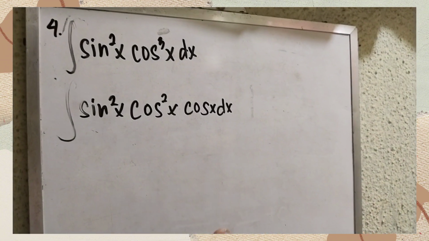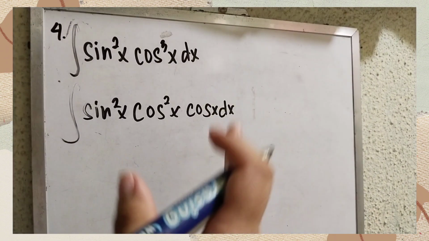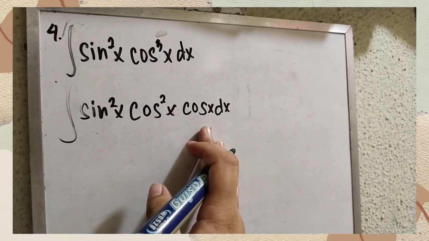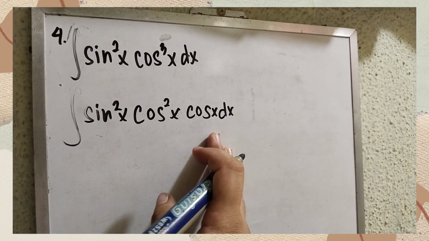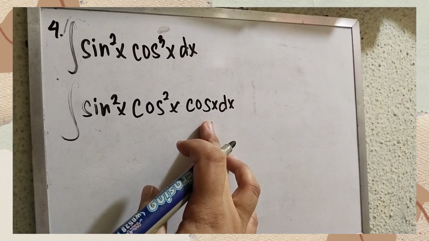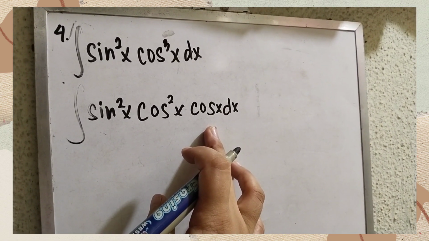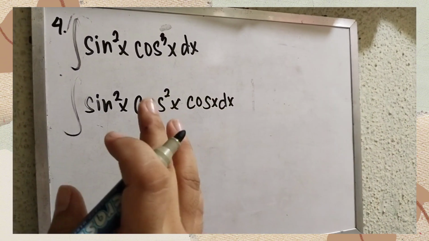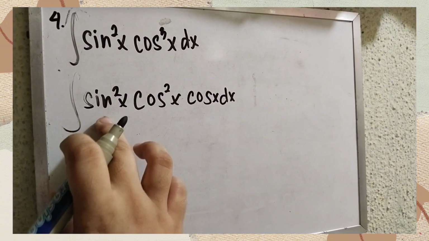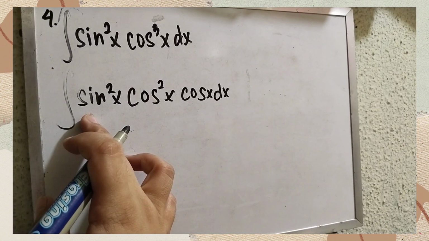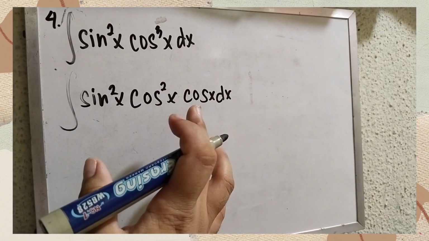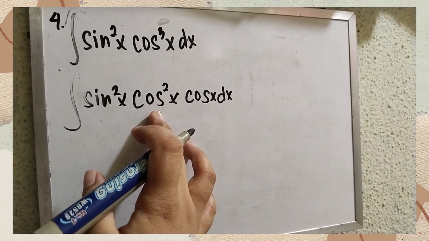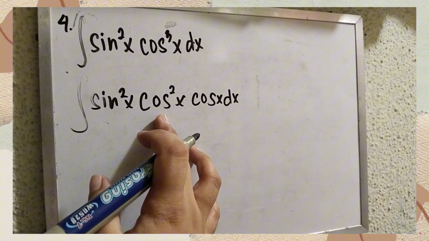So we pull out the factor of cosine, and we have the cosine x dx, and we want this to be our du. That will happen if our u is sine. Now you're asking, what do we do with cosine squared x?